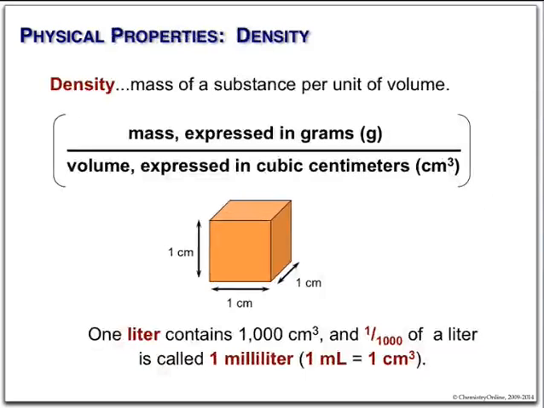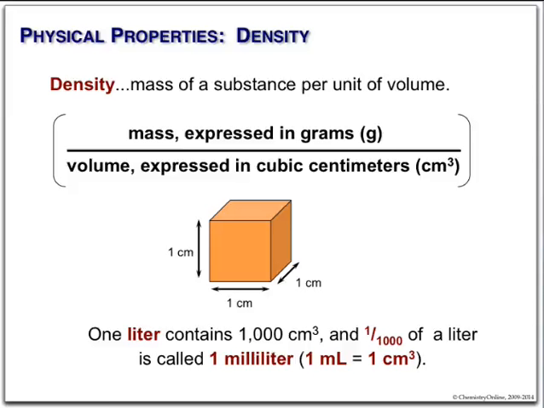The units of this is centimeter times centimeter times centimeter, or cubic centimeter. In chemistry, when we're dealing with liquids especially, we also use milliliter, where 1 liter is 1,000 cubic centimeters. 1/1000th is our milliliter. Remember, milli stands for 10 to the minus 3.